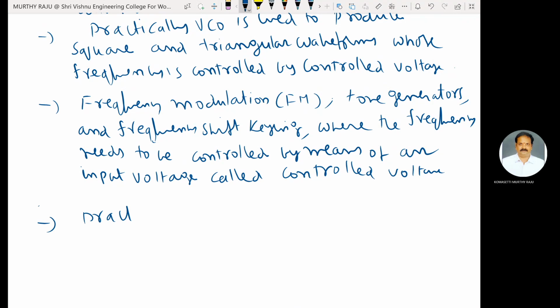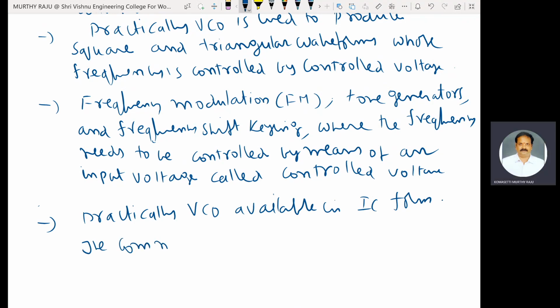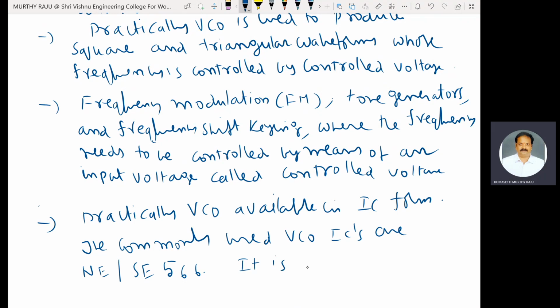Practically, a VCO is available in IC form. The commonly used VCO ICs are NE/SE 566. It is an 8-pin IC which provides two output pins.